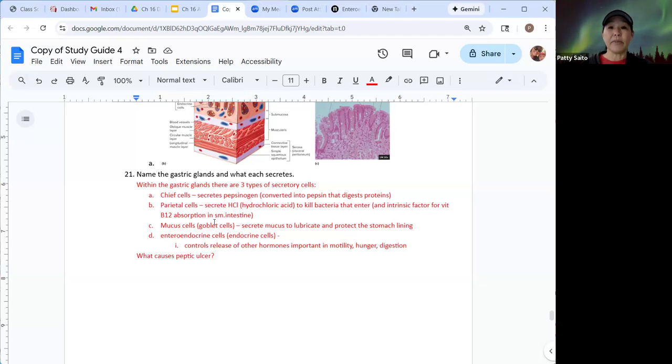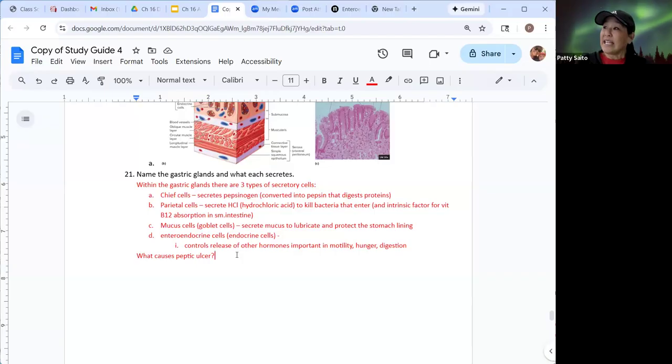Certainly that can happen. And so, how do you control or how do you treat a peptic ulcer? They used to just give medication that prevents or decreases the secretion of hydrochloric acid. Okay, and then control your diet and stress, things like that. That can all make you produce more hydrochloric acid.